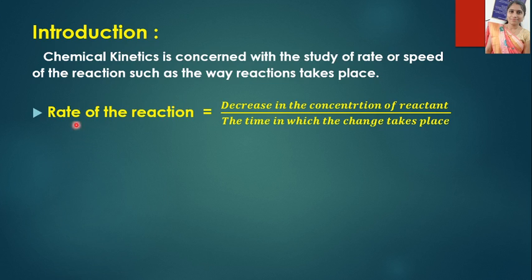Rate of the reaction is given by the decrease in the concentration of reactant divided by the time in which the change takes place.